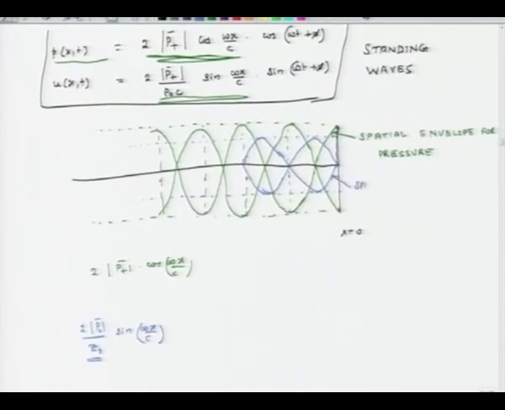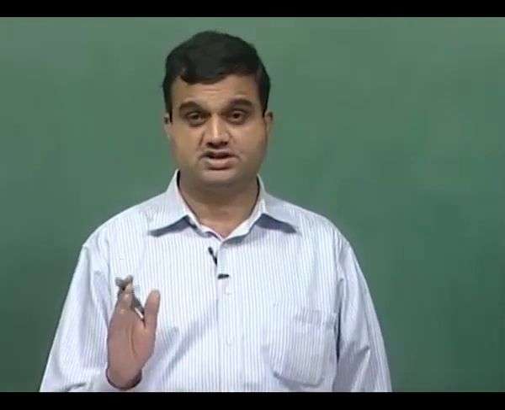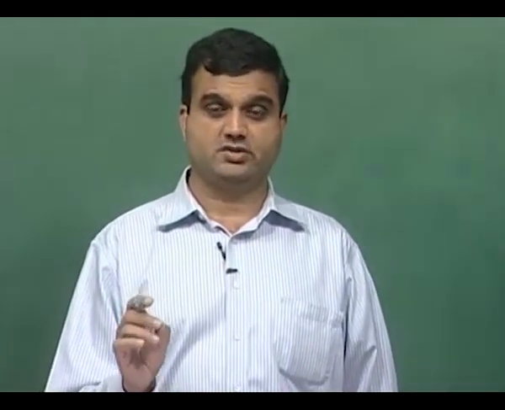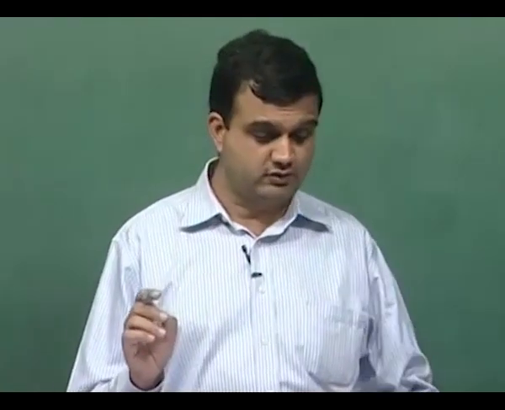So, this blue curve is once again a spatial envelope for velocity, and we see that the envelope's magnitude is 0 at x equals 0, because we have a rigid wall there, and that essentially injects a rigid wall boundary condition, which implies that velocity of particles of fluid is 0 at that specific location.